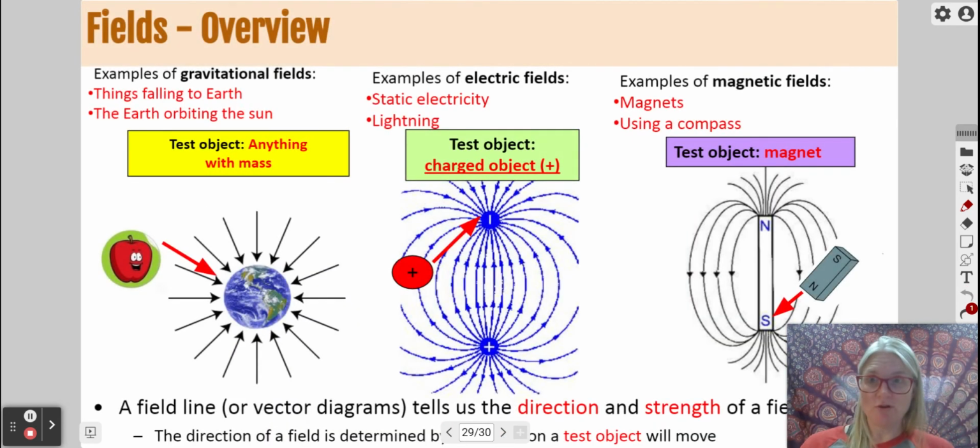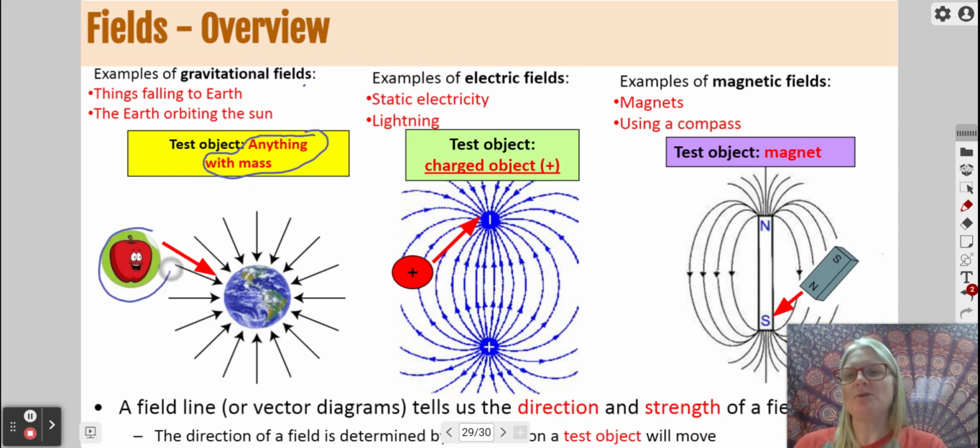All right, just a quick overview of the three different fields, all on one page here. You've got the gravitational fields. Some examples are things falling to Earth and orbiting the sun. Anything with mass is our test object. If you put an apple in the gravitational field, it will move towards the Earth.